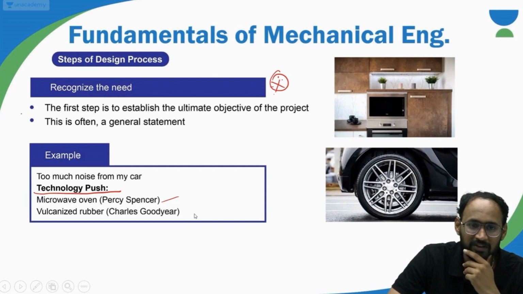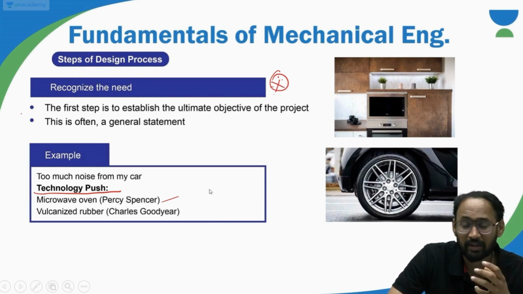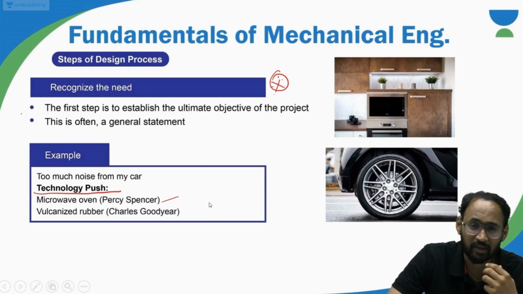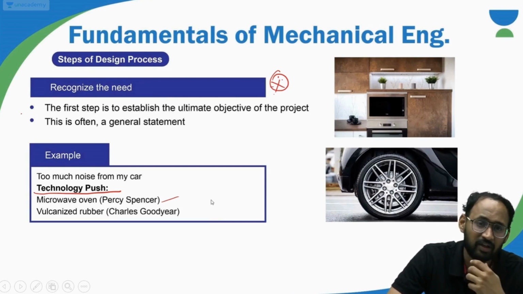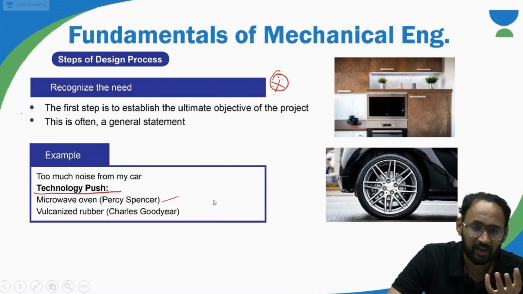And then the application of that into the edible or food business is something which took place, right? We talk about vulcanized rubber again. Vulcanized rubber is nothing but the process of heating the rubber in the presence of sulfur, and make the rubber more wear resistant and, say for example, resist the bulging of rubber, and so on and so forth. So this invention was also very critical in terms of the advancements that happened in the tire industry, right?